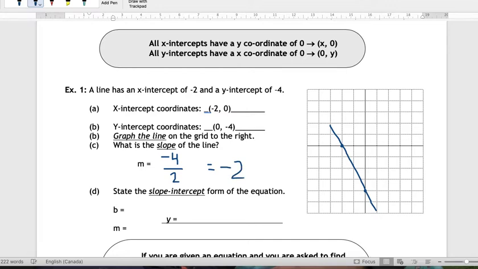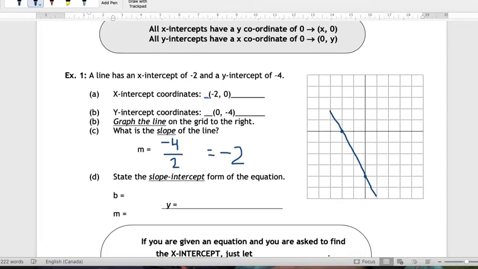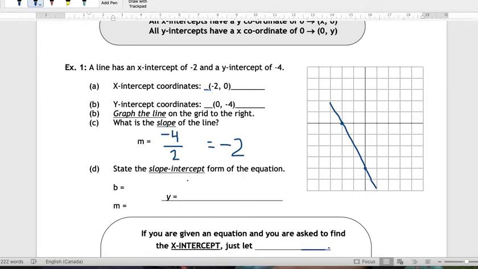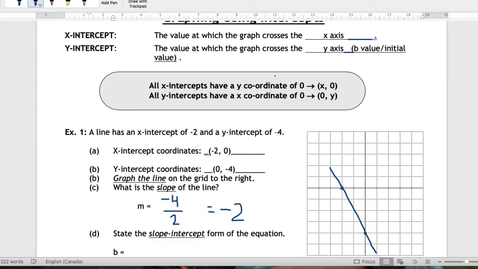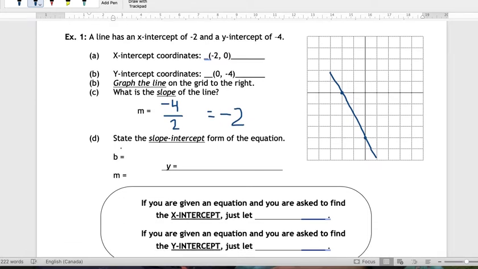It says state the slope-intercept form of the equation. We know how to do that. Remember, the b value, like we set up here, is our y-intercept. The b value in this case is -4. That's where our graph crosses the y-axis. And we just figured out our slope to be -2.